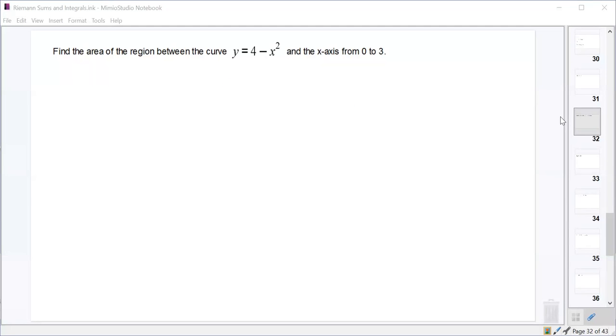If we are looking to find the area of the region between the curve, what's the first thing we need to do with this function?